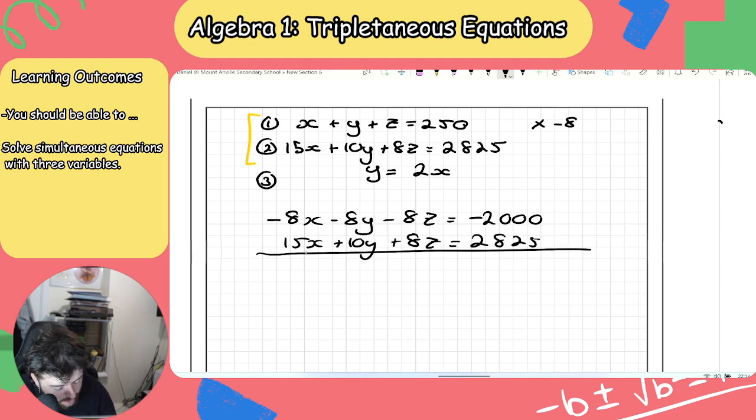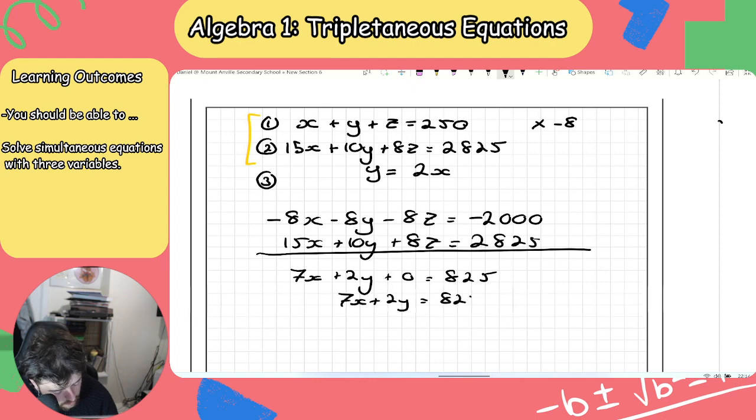Add them up. I'm going to have 7x plus 2y plus 0 is equal to 825. 7x plus 2y equals 825. And there is my first equation here. And then look, there's my second equation up there.